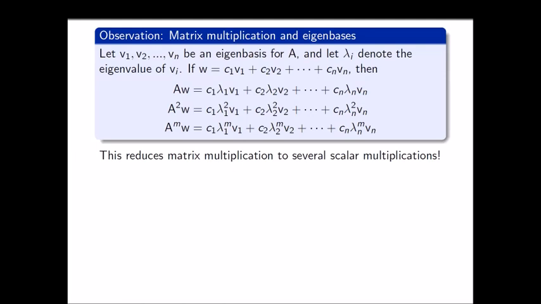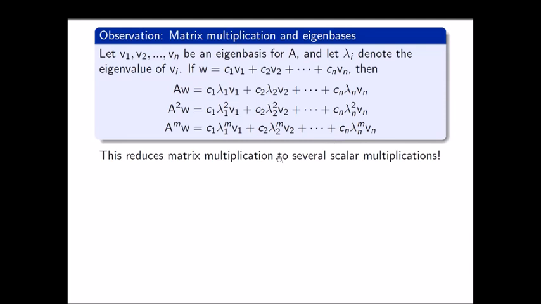But because now V1 through Vn are eigenvectors, A times Vi becomes very simple. It's just lambda i Vi. So we get this term. But now if you have any other power of A, using the fact that A to the n multiplied with an eigenvector V is just lambda to the n times the vector V, we get these much more simplified results.